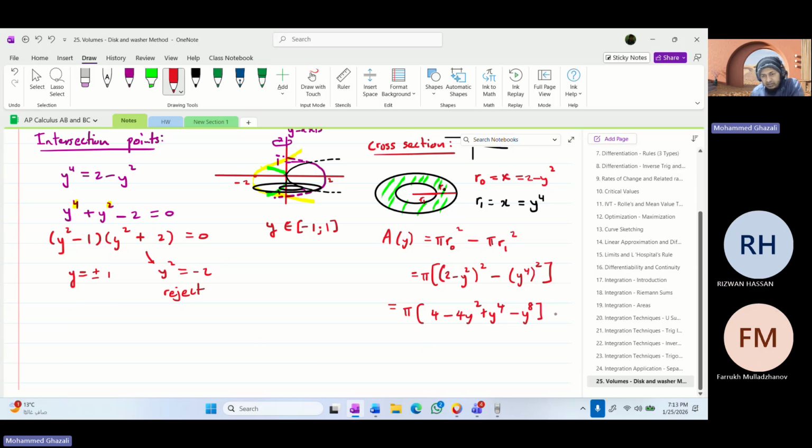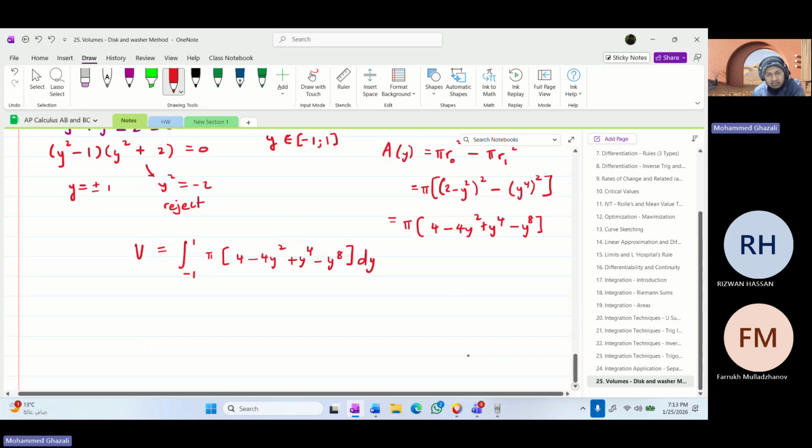And we just integrate this. There's no like terms here, right? So volume is equal to integral negative 1 to 1 pi of all of this, the area of the cross section, dy, right? And now it's easy.